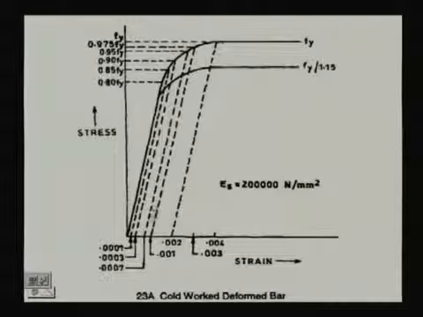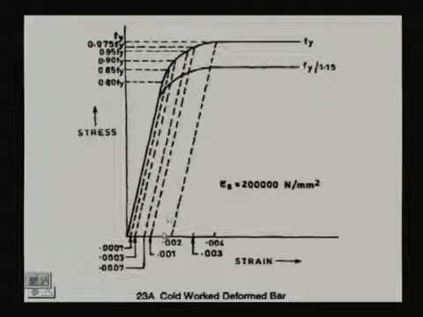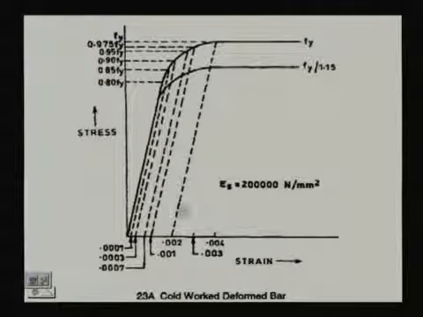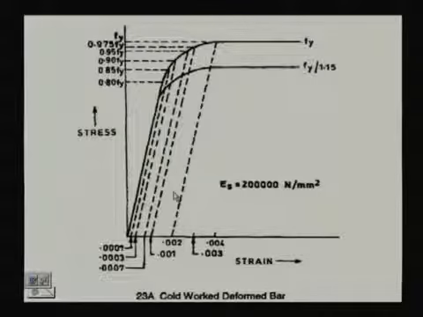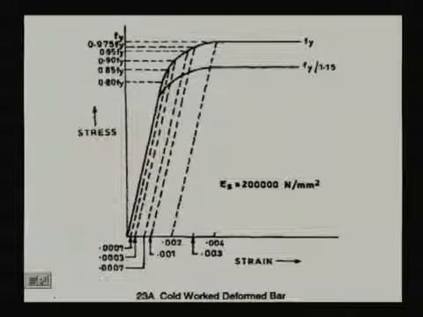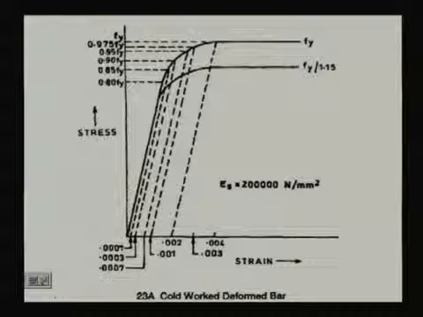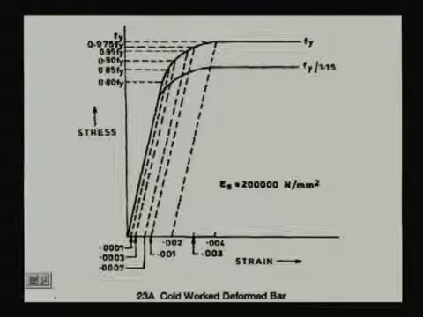The other important part, the major part in our case, is 0.0038 for Fe 415, and we are getting 0.87 fy. Why? Because we are using the partial safety factor for materials, that is divided by 1.15 for steel. So we are getting 1 by 1.15, which is nothing but 0.87 fy. We should always remember 0.87 fy.